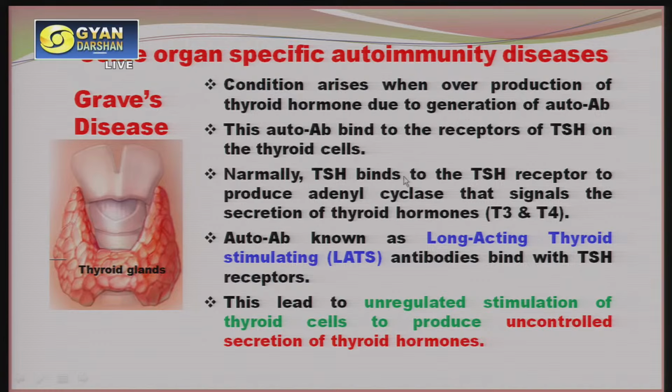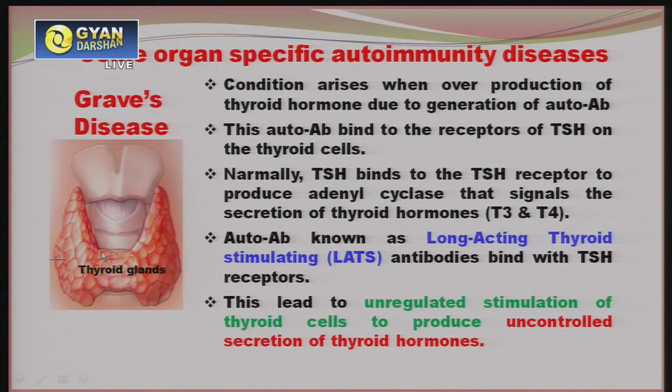Normally TSH binds to the receptors and produces adenyl cyclase that signals secretion of the thyroid hormones T3 and T4, and this leads to unregulated stimulation of the thyroid and uncontrolled secretion of thyroid hormone.